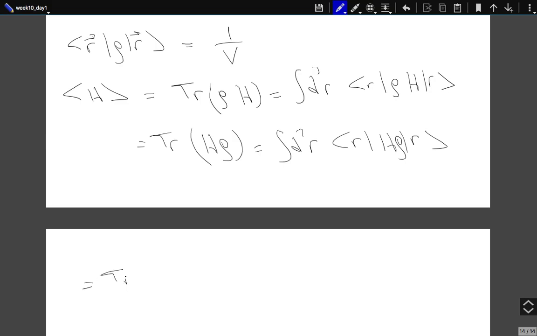This is equal to the trace of the integral d cubed r1, r1 of r1 H rho r2, evaluated at r2 equal to r1.